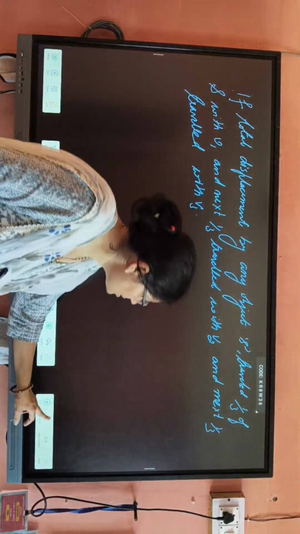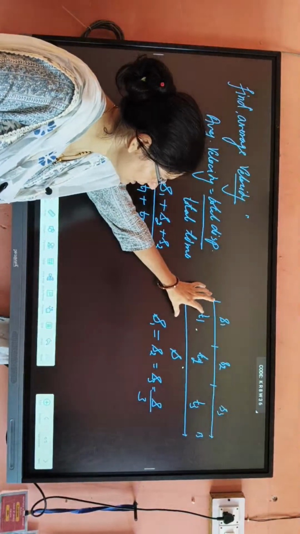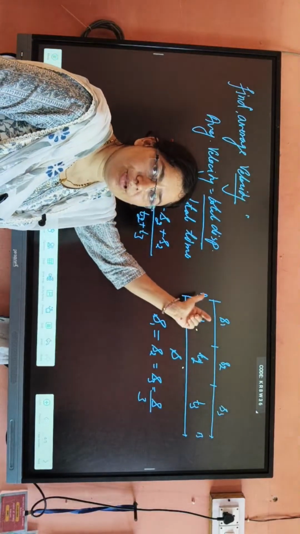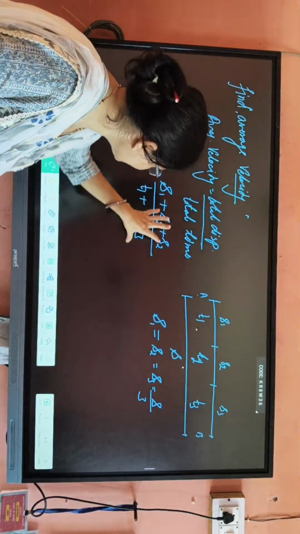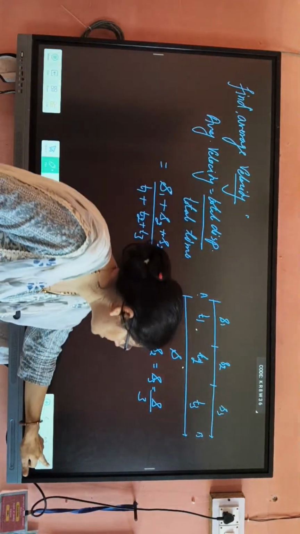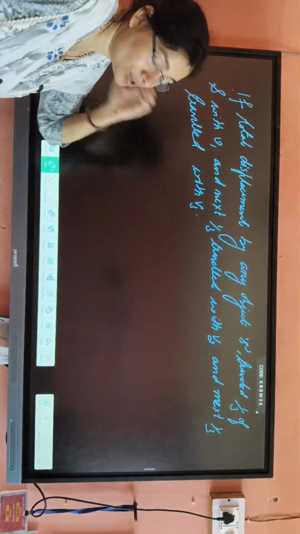In the last statement we had displacement given, dividing one third, and different times given, so we could write in simplest form total displacement by total time. Now here the time is not given, velocity is given.